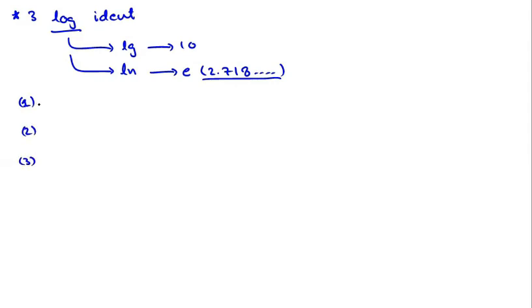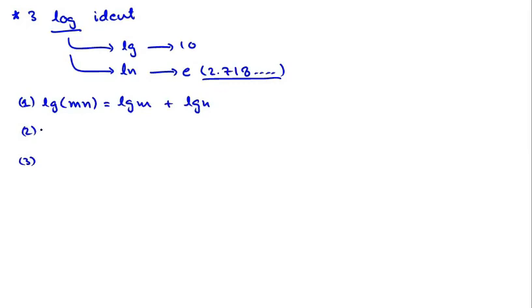The first logarithmic identity or property, which is also known as the product rule of logarithm, says that log of a product of m and n can be written as log of m plus log of n. That is, log of a product of two quantities can be simplified as log of one quantity plus log of the other quantity.